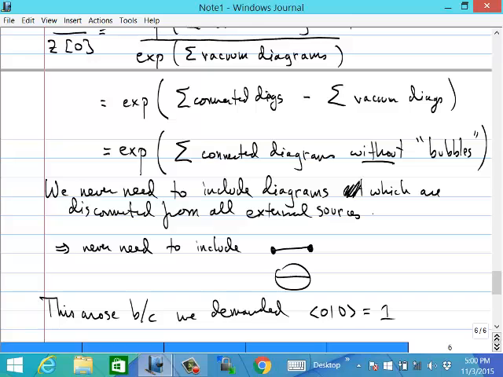Yes? Just to make sure what you mean by vacuum diagrams, you mean any diagram which simply does not have a source? Exactly. So when you mean bubble diagrams, for example, the tadpole? The tadpole diagram is connected to a source. That's the one we're going to talk about. So it's not a bubble diagram. Yeah, it's not a bubble diagram. Sorry, I was mixing my metaphor here.